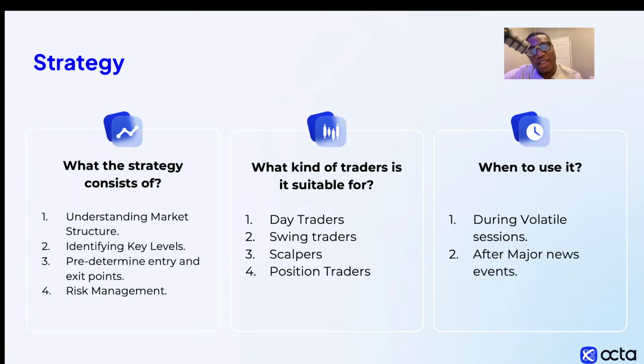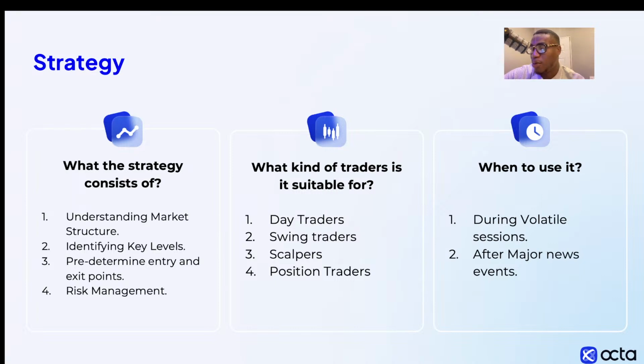So the first thing included in the strategy is market structure. Now, this is aside from checking the economic calendar, because before you come to the charts, you want to check the economic calendar. You want to understand exactly what's going on economically, especially relating to the currency that you want to trade, both the base and the quote currency.